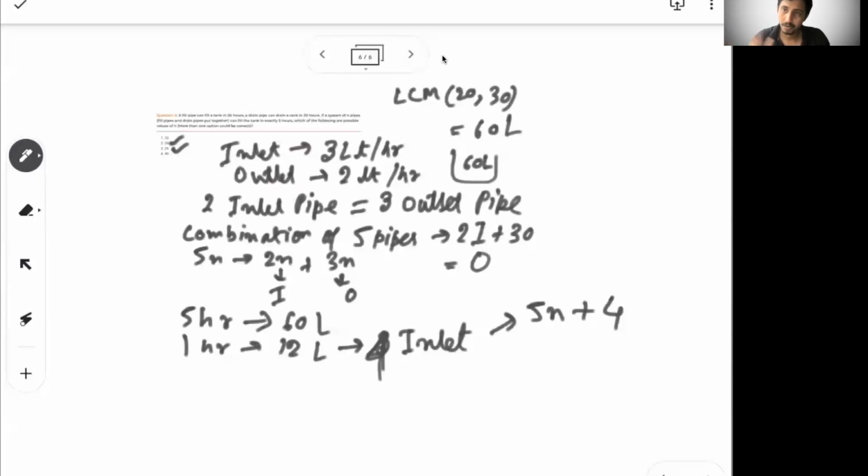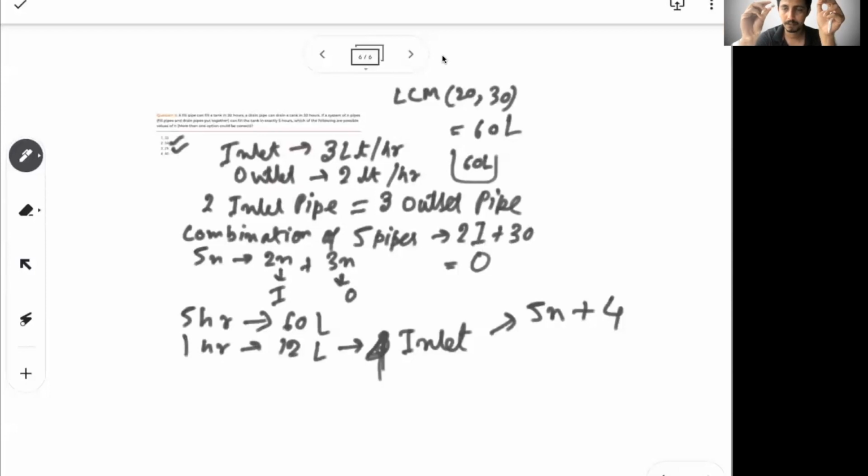But there are also outlet pipes, because the total number of pipes is a combination of inlet and outlet. So first I think of the number of outlet pipes, and then the number of inlet pipes that will nullify the effect of the outlet pipes.